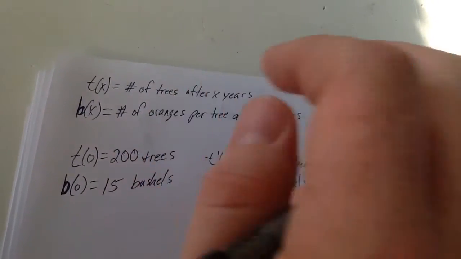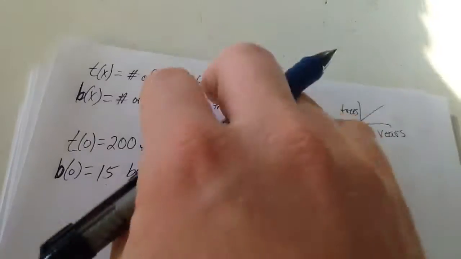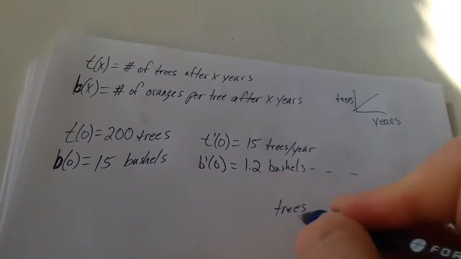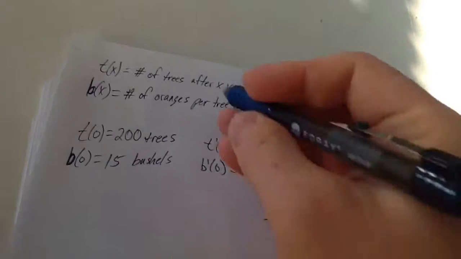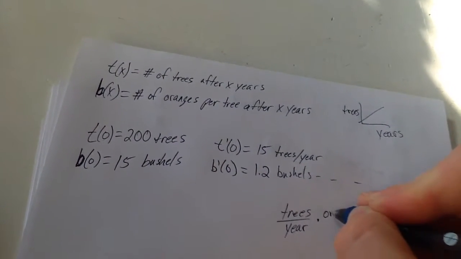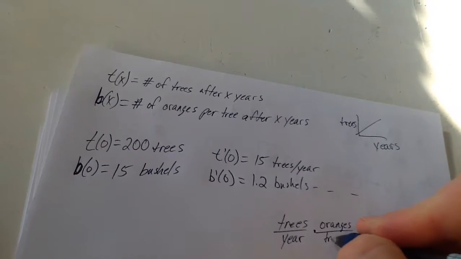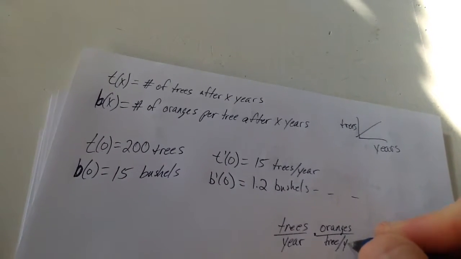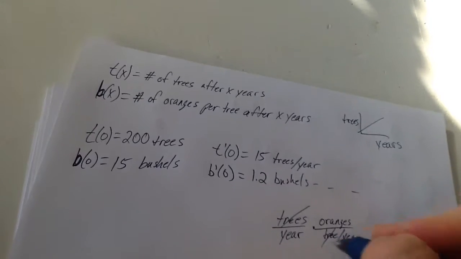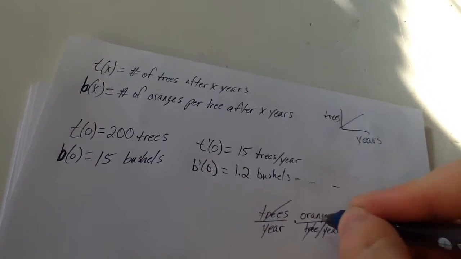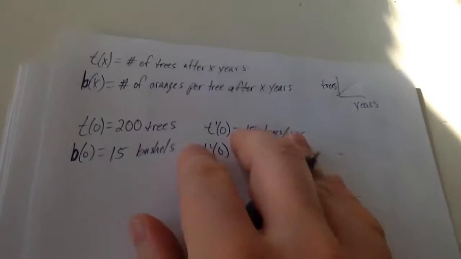So if we multiply those together, do you guys know how to do dimensional analysis where you have trees per year? And if I multiply that by oranges per tree per year, I can cancel units here. It's almost oranges per year squared, which is really what it is. Anyway, it's oranges per year.